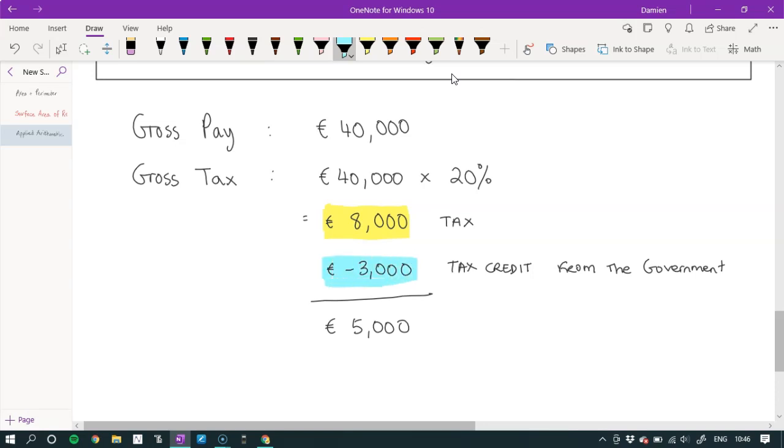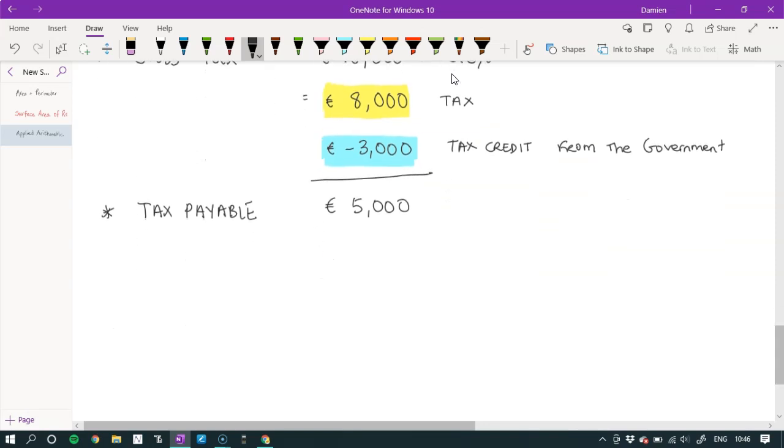So we're getting away with that much. So that means we actually only have to pay 5,000 euros. This here is what's called your tax payable. Payable means you have to pay it. So you can see the difference between gross tax and tax payable. Gross tax is your total tax, but tax payable is what you're actually going to pay.